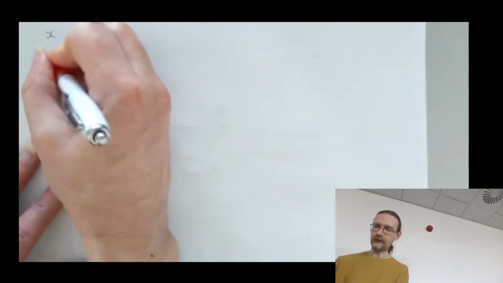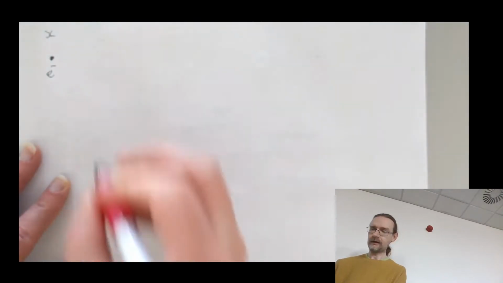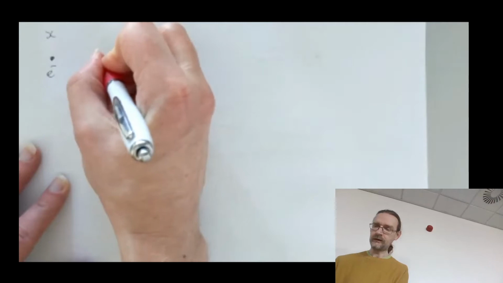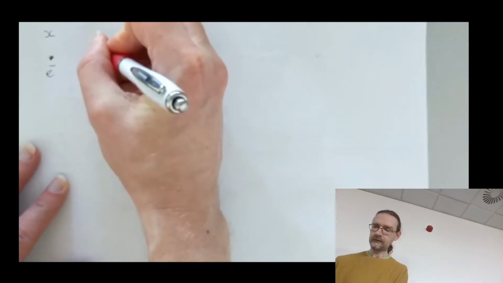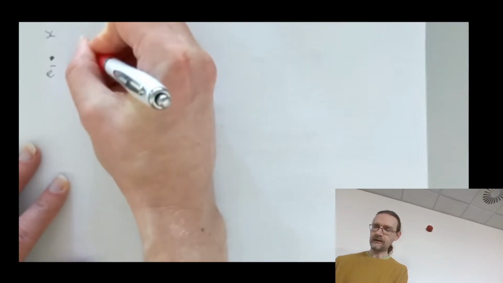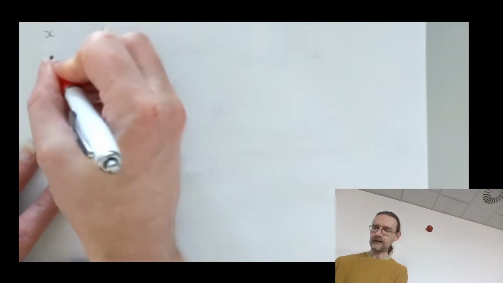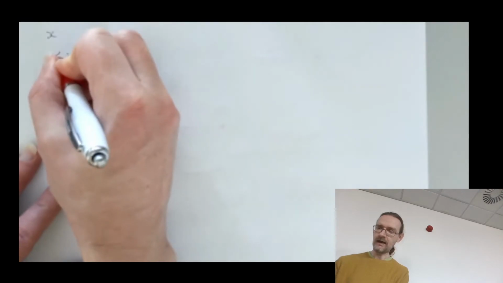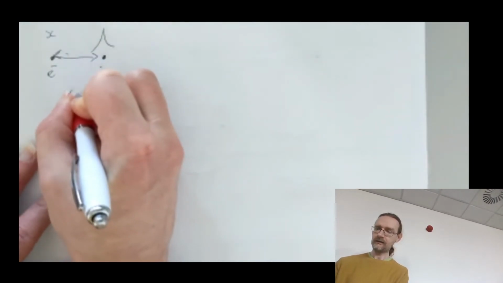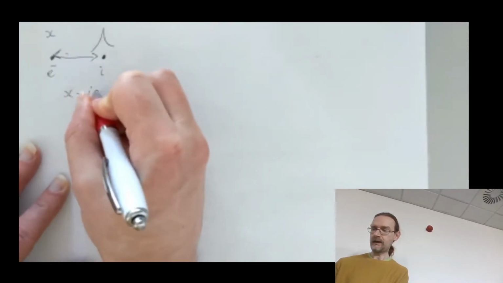That's the electron flinging around, and then it's talking to the Jth nucleus. So that distance there is x minus ja.